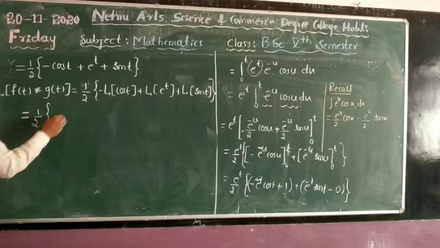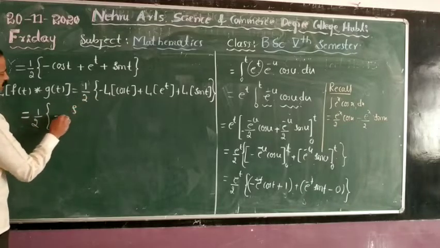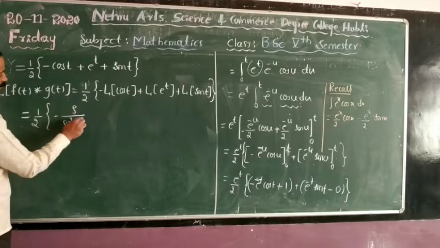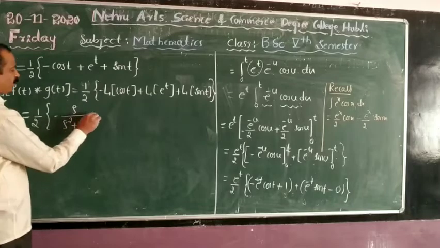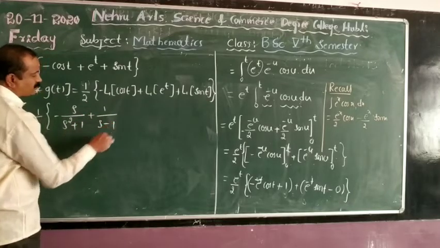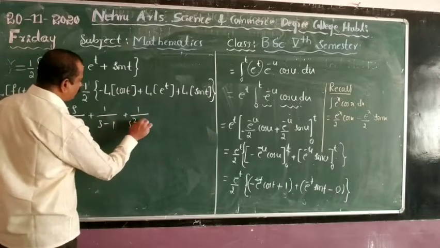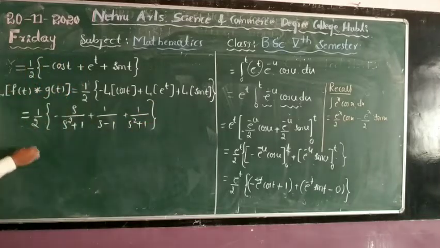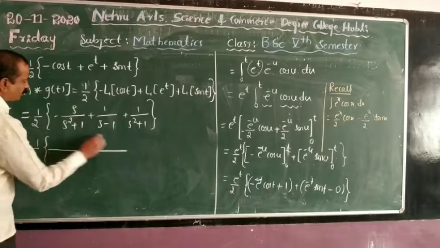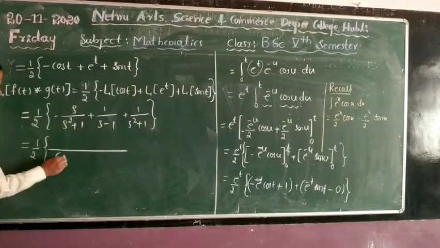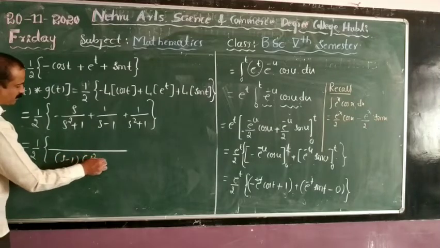Now 1 by 2 as it is, in the bracket minus L of cos t, keep minus as it is. L of cos t is s by s square plus 1, L of e raised to t is 1 by s minus 1, plus L of sin t is 1 by s square plus 1. Taking the LCM of these three terms, LCM is s minus 1 into s square plus 1.